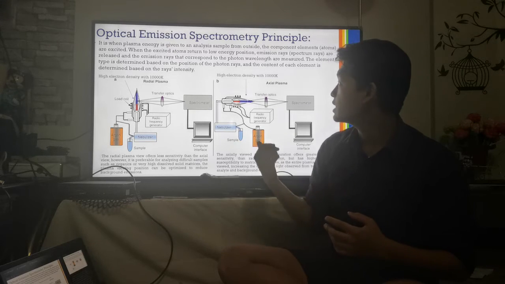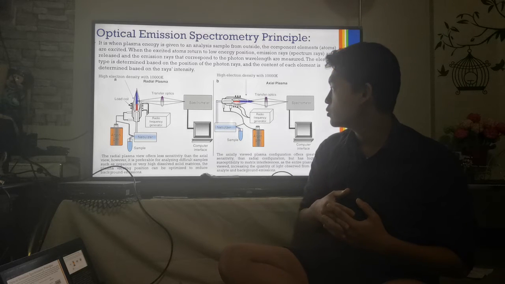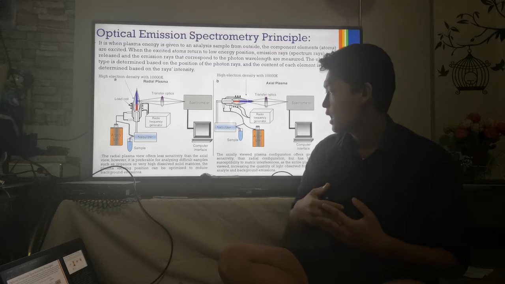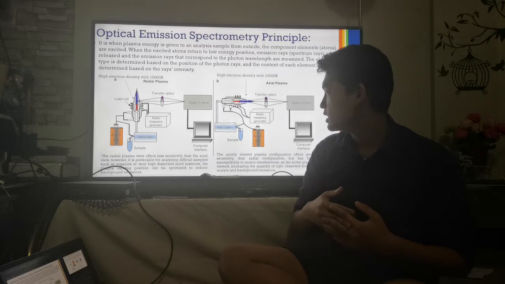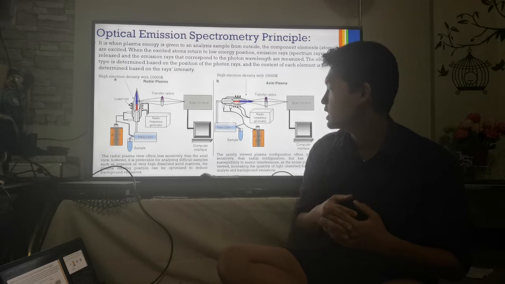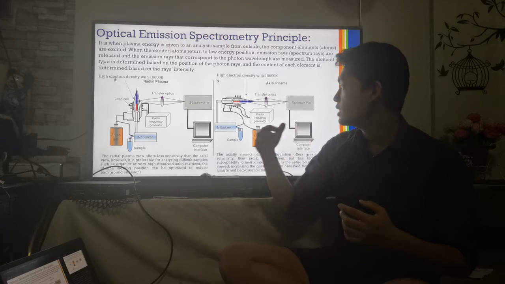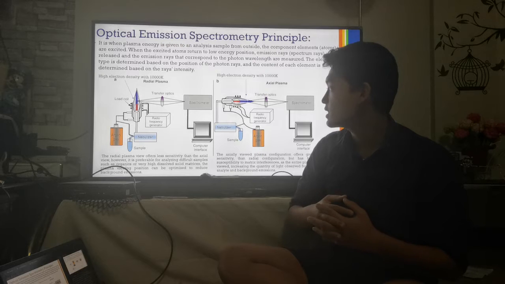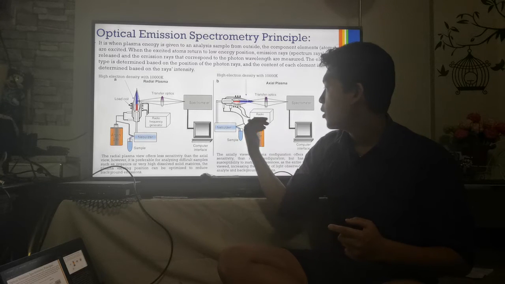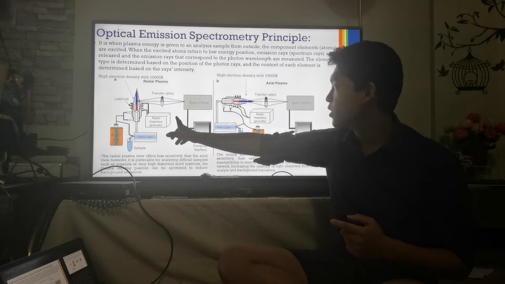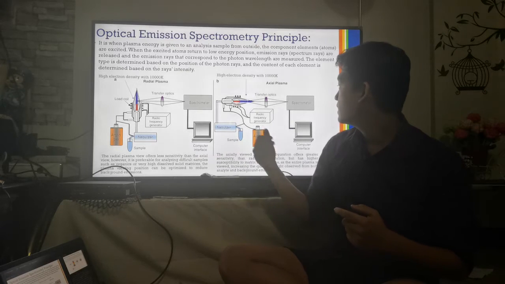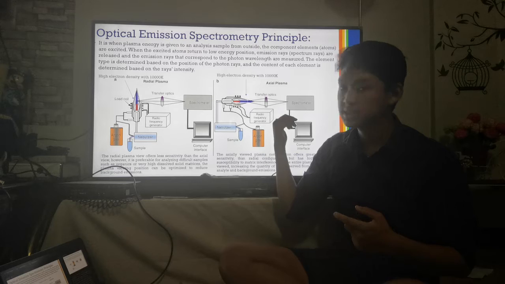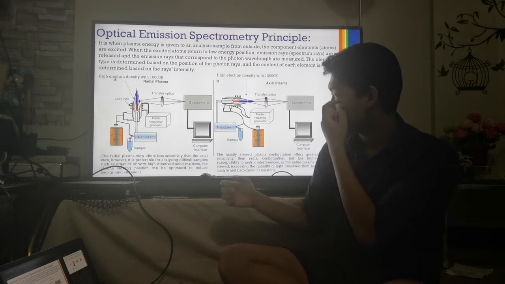For optical emission spectroscopy, there are two views. The first view is the radial plasma view, which offers less sensitivity than the axial view. In radial view, the plasma is opposite the transfer optics, while in axial view, the plasma is adjacent to the transfer optics.